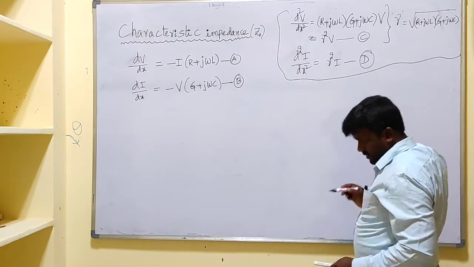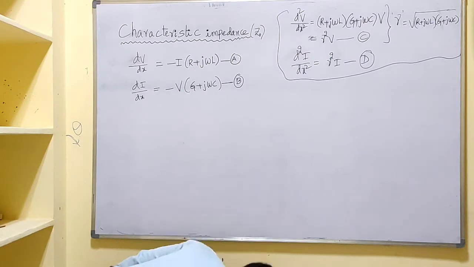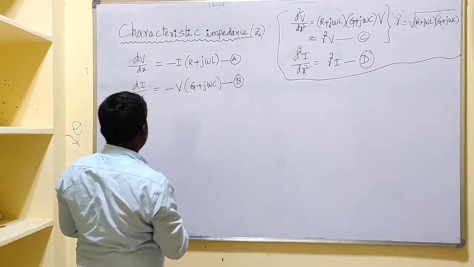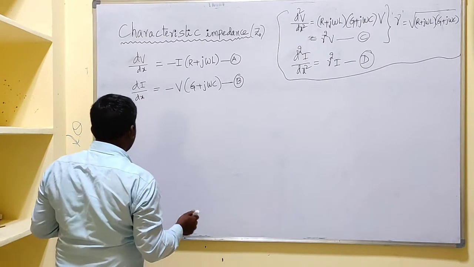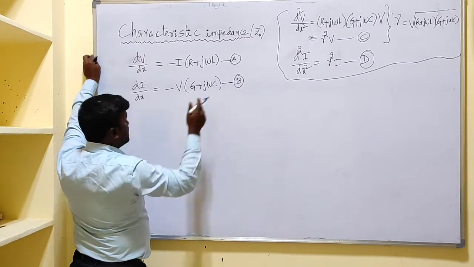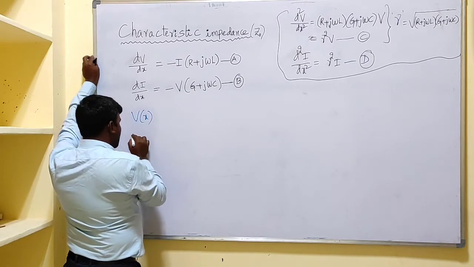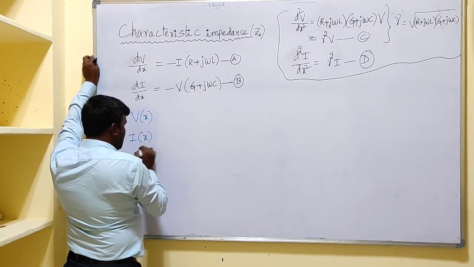The solutions of equation C and D are given by the voltage and current on the transmission line.